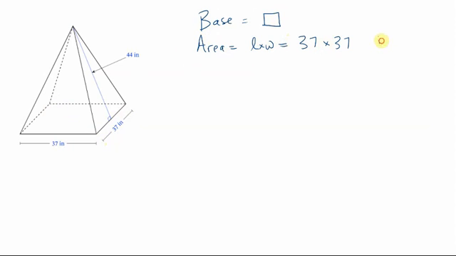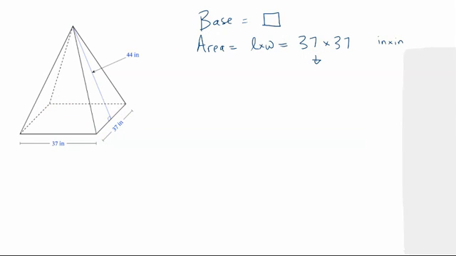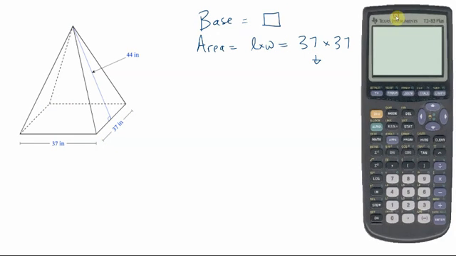And we also have inch times inch. Don't know how to do that, so I bring my calculator over. Let's make it a little bit bigger so you can see that.